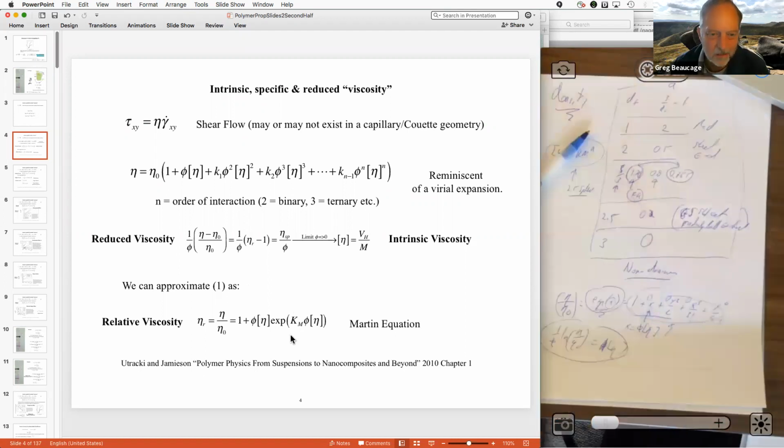That's assuming that all of these k's are the same number. So that's one approach people use. So you'll see a plot of the log of the specific viscosity versus concentration, because of this Martin constant times the intrinsic viscosity. And then you can determine that from the slope and the intercept.